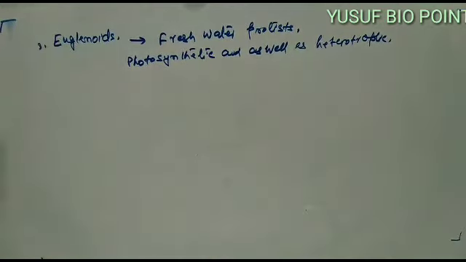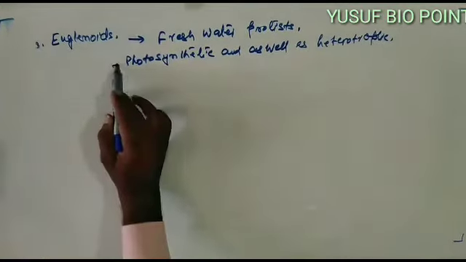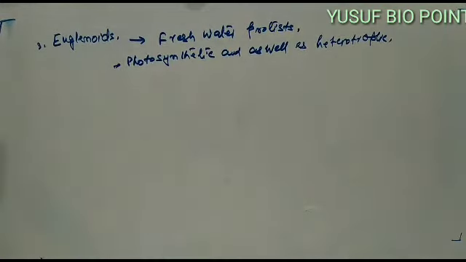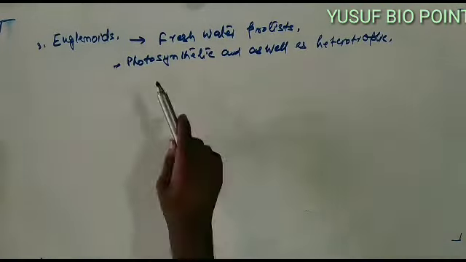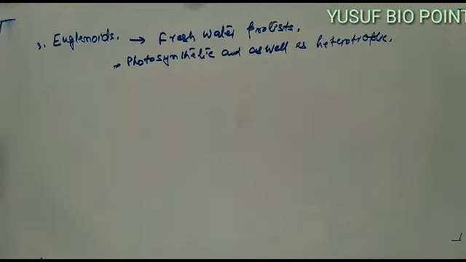It means in the presence of sunlight it makes its food by itself, because of the presence of chlorophyll, so it is photosynthesis. And in absence of light it takes food from other living things, so it also acts as a heterotroph. So it is considered both plant as well as animal.